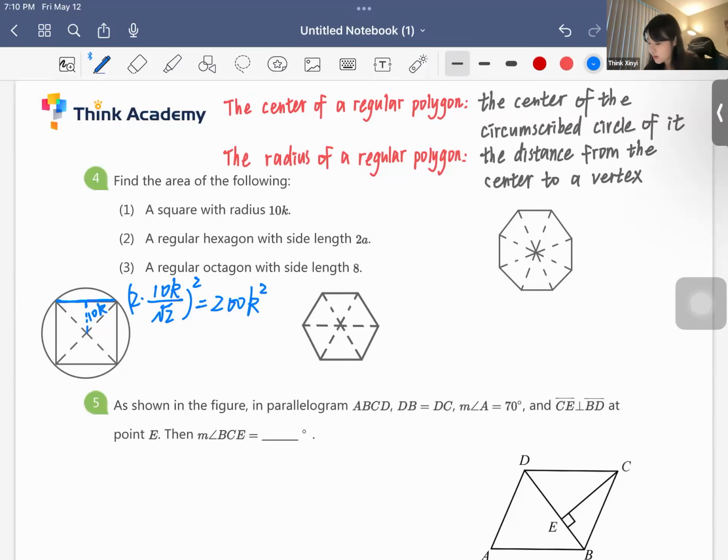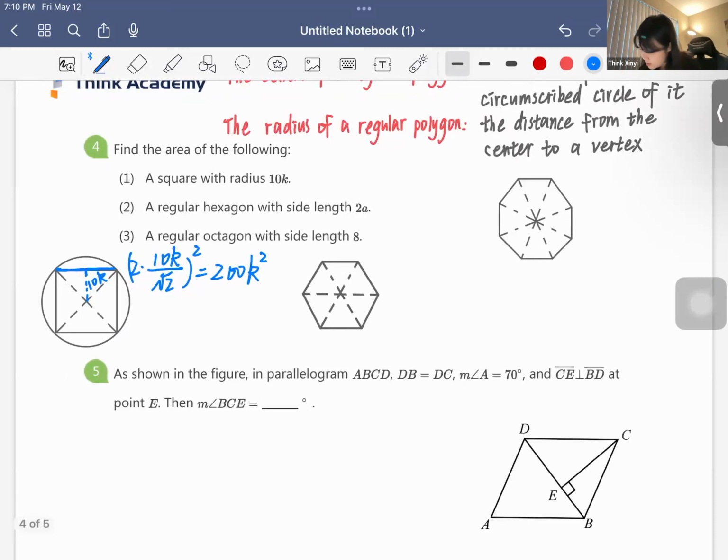And the second one, a regular hexagon with side lengths of 2A. As it's a hexagon, it has 6 equilateral sides, which means it's made of 6 equilateral triangles within it.